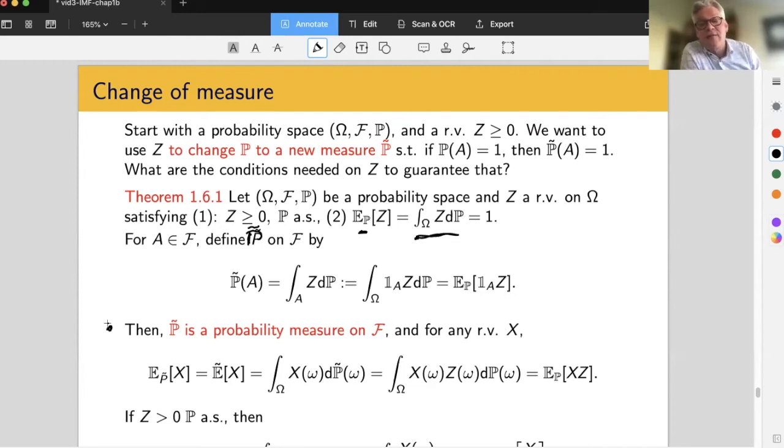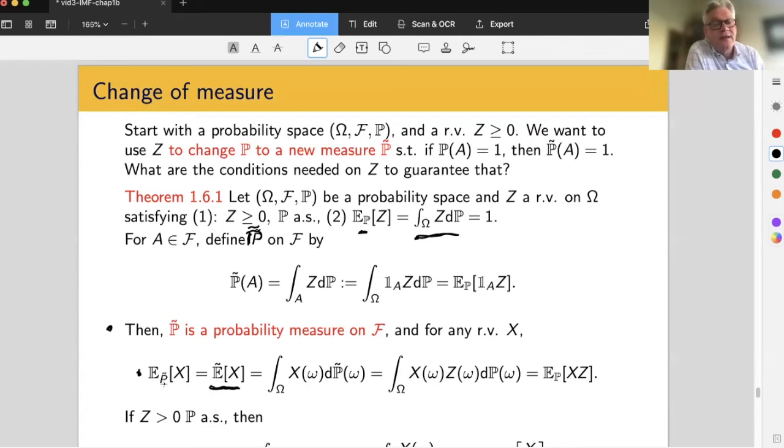And for any random variable X, we have that the expected value under the P tilde measure of X, which in the book is written as E tilde, is equal to the integral over Ω of X(ω) dP tilde(ω).